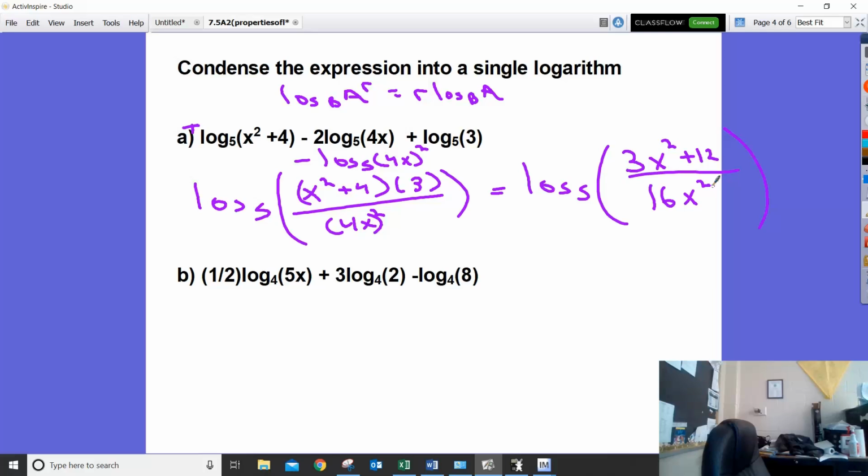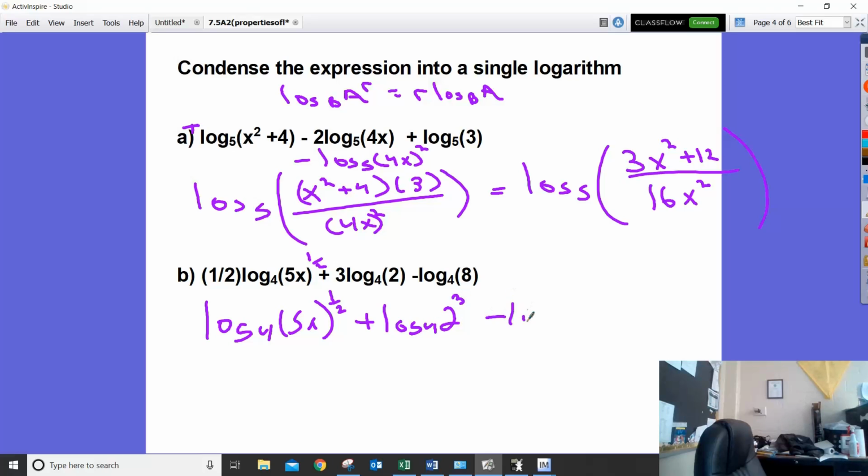All right, B, we got half log base 4 5x plus 3 log base 4 2 minus log base 4 of 8. Actually, how much time we got left? We got one more slide after this, right? This one? Okay, we're good. It's a word problem, so I don't care if we do it or not. Where's that half go? Exponent. Right there. Log base 4 of 5x all to the 1/2. Where's that 3 go? Not behind the 2. Above the 2, right? A cubit. I'm a big fan of simplification.